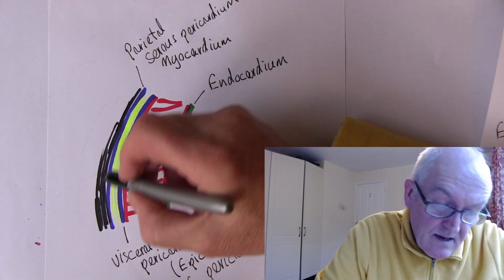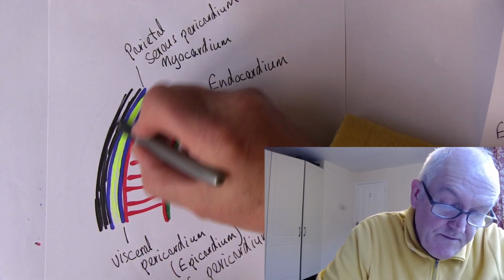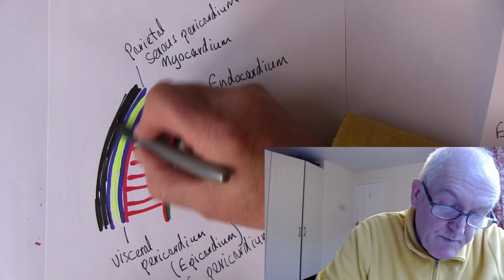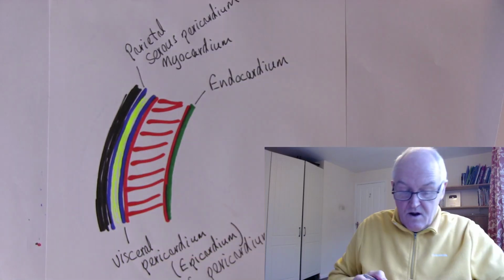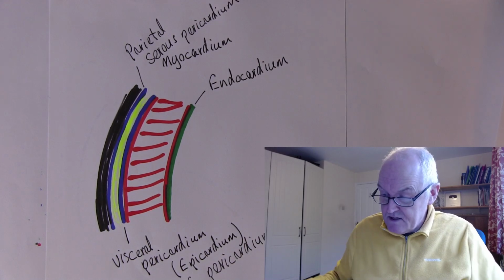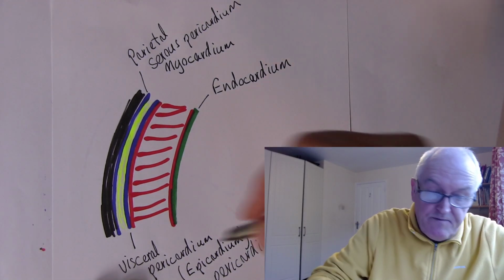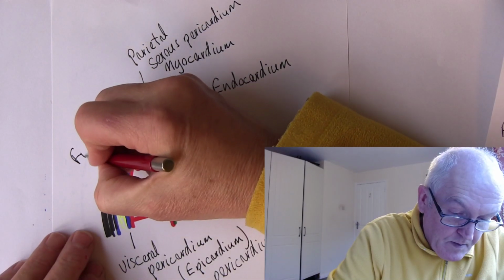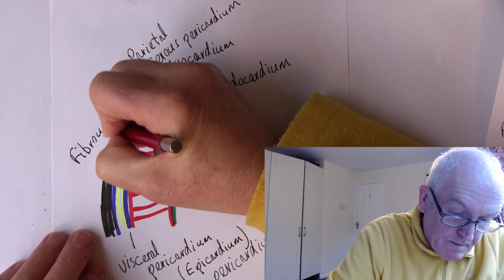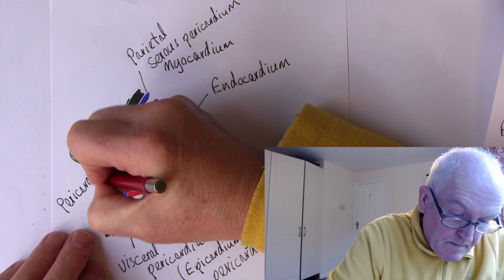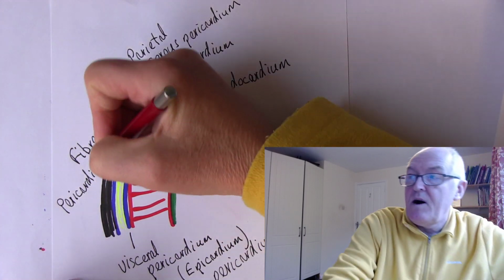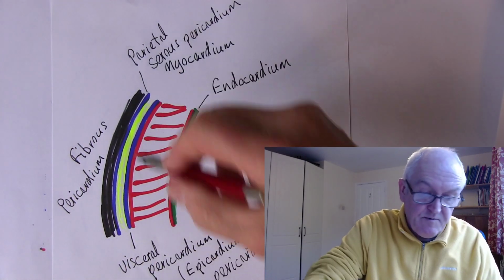This is thick, tough, fibrous tissue to protect the heart, and also to stop the heart from overinflating. So that's the fibrous, this bit here is the fibrous pericardium. The fibrous pericardium, this tough bit here.